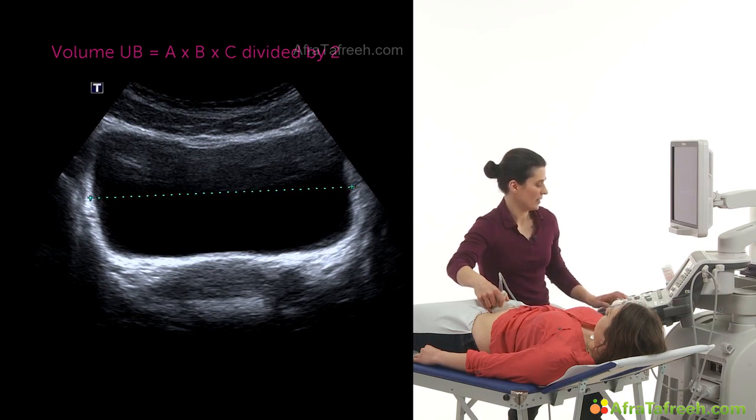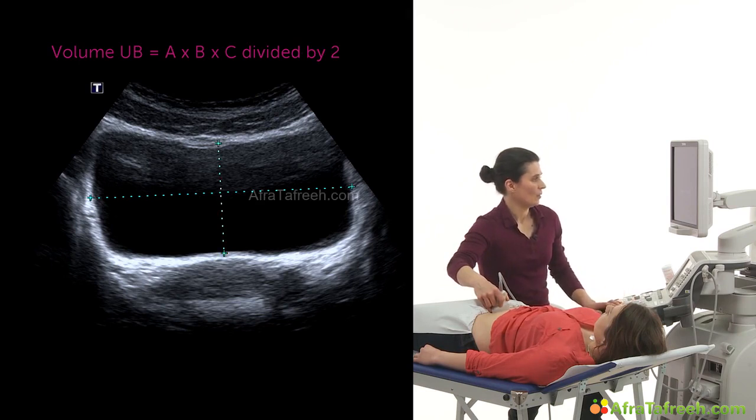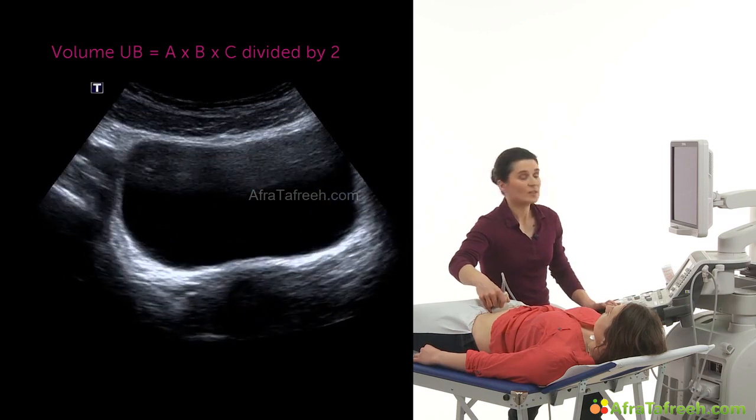And the second diameter is the ventrodorsal one, over here, which is 4.5 centimeters. We store that. And then we need a 3rd diameter.